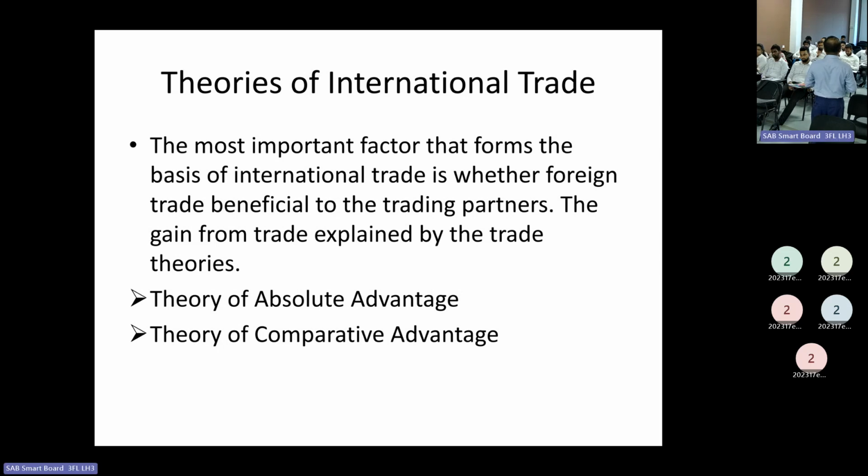In absolute advantage, we take the production cost. In comparative advantage, we take the relative cost, that means the opportunity cost. We compare the benefits of trading with other nations.